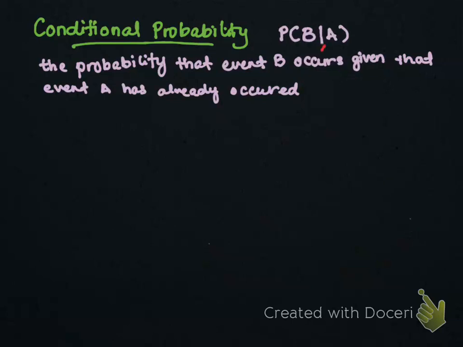This symbol is known as "given". This notation does not mean that B is divided by A. However, it tells you the probability of event B given that event A has already occurred.